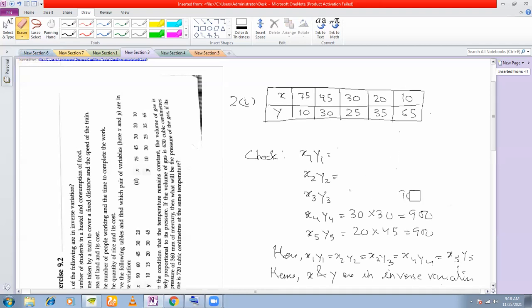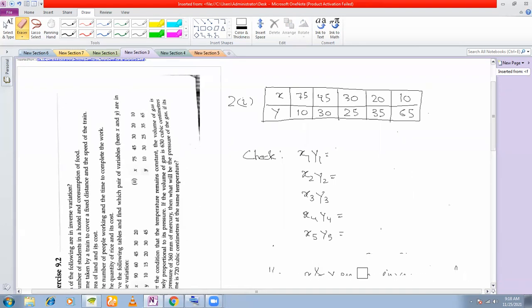Now here you need to check whether these two are in direct or inverse variation. So let's check here. Call this x1, this y1, this x2, this y2, this x3, this y3, x4, y4, and this x5, and this y5.